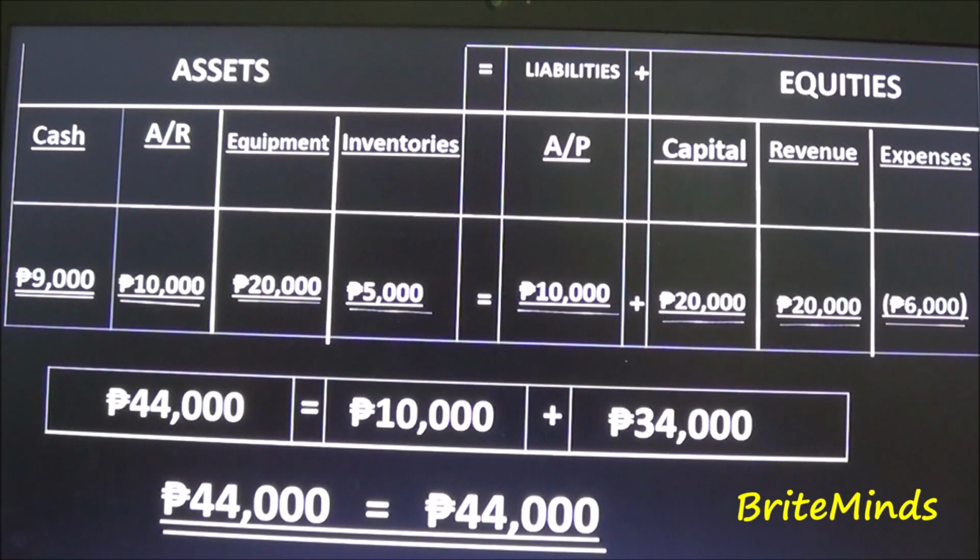So based on our simple accounting equation, assets equals liabilities plus owner's equity. The total assets is 44,000, and liabilities plus equity is 44,000. So we can see that our accounting equation is equal or balanced.